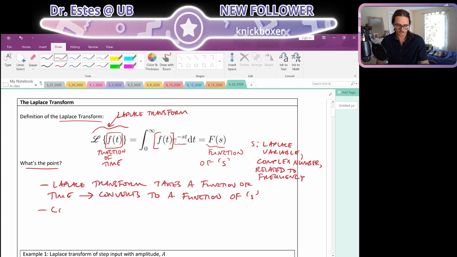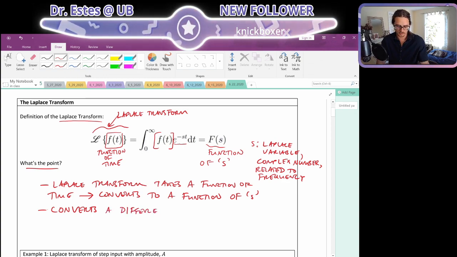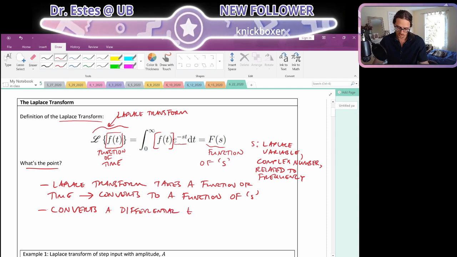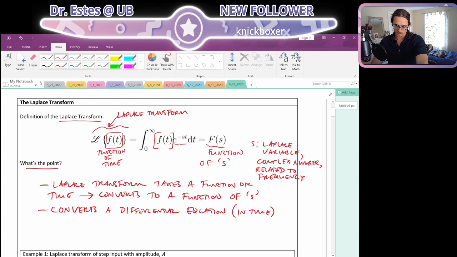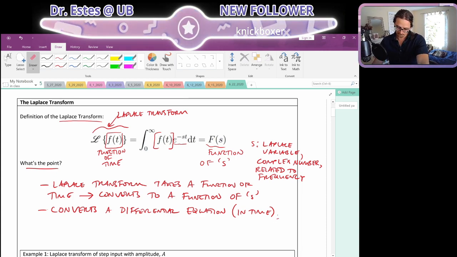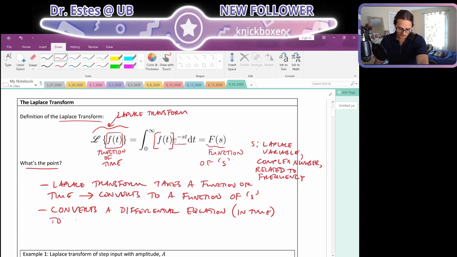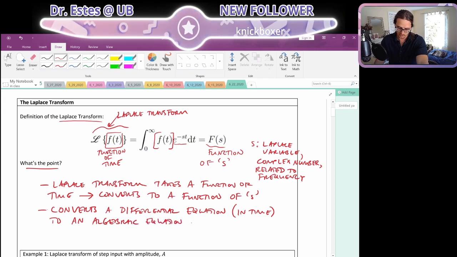So this Laplace transform converts a differential equation in time, like the differential equations we work with, they're a function of time, to an algebraic equation in s.